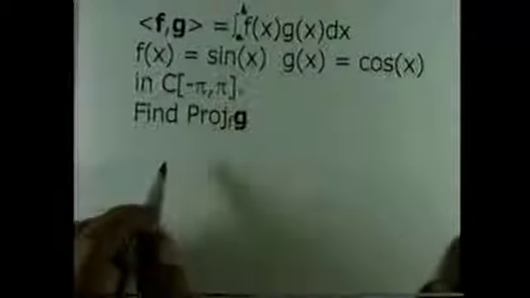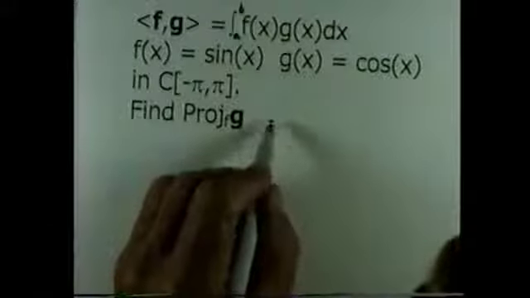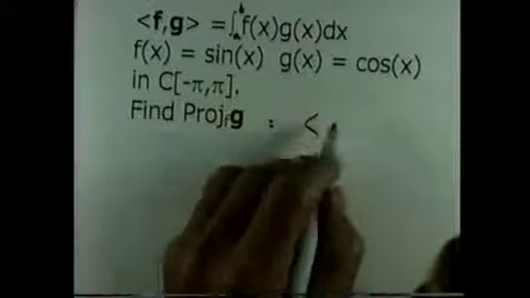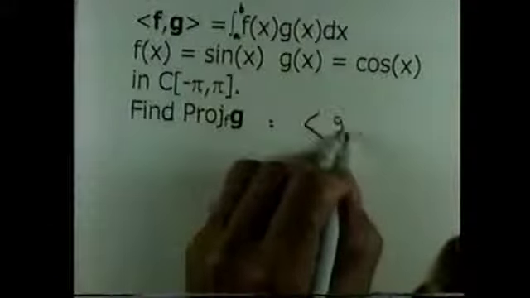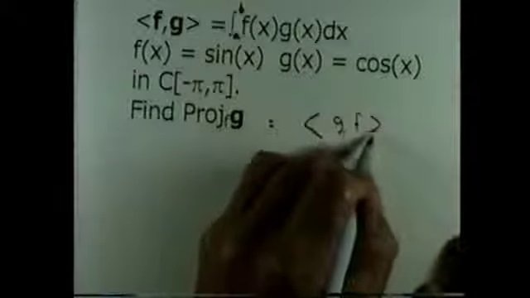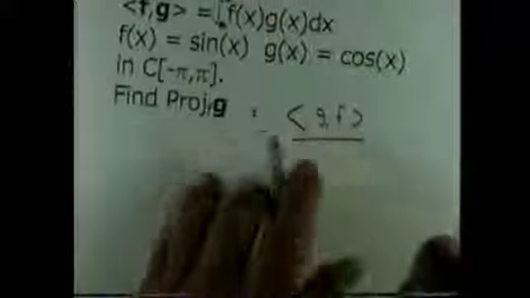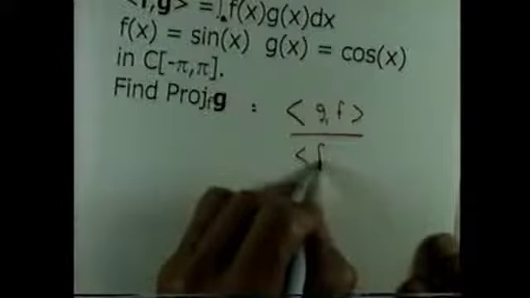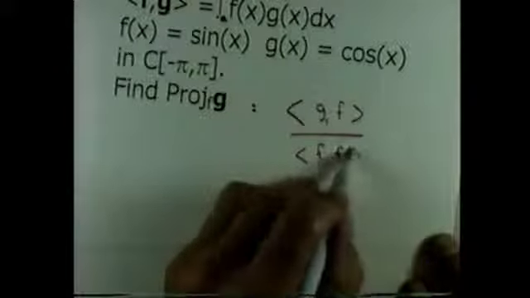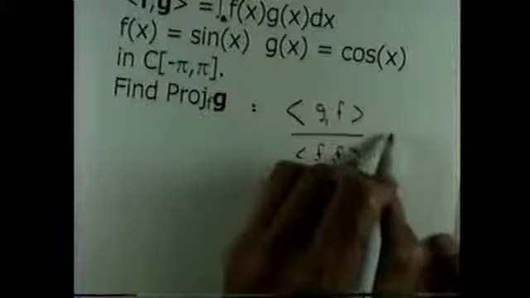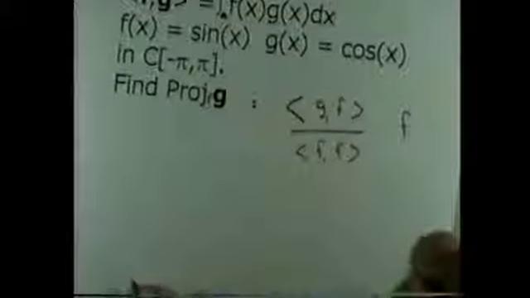Well, the projection of g onto f would be the inner product of g, f divided by the inner product of f with f, times f.